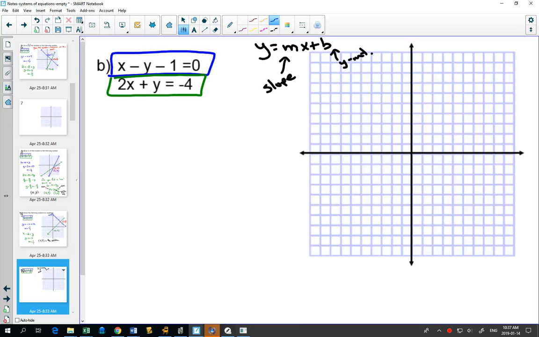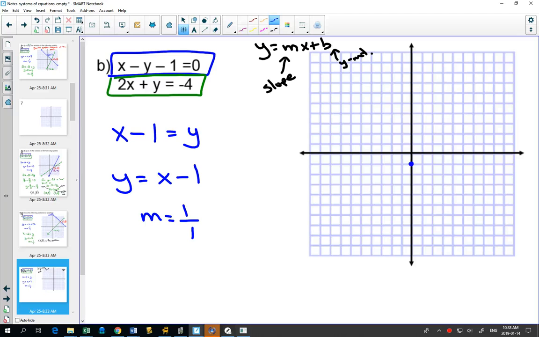So for our blue equation, if I want to get y by itself, I'm going to add y to both sides, which gives me y equals x minus 1. I now know that my slope is equal to 1, the coefficient, which I can write as 1 over 1, and my y-intercept is negative 1.